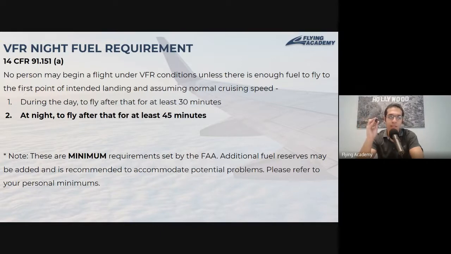So 30 minutes at normal cruising speed after that. For night, it's the same thing, 45 minutes. These are the minimums by the FAA. But always be safe. You need more fuel than this. That's just the bare minimum to stay legal. For the Flying Academy, regardless of day or night, it's 45 minutes.